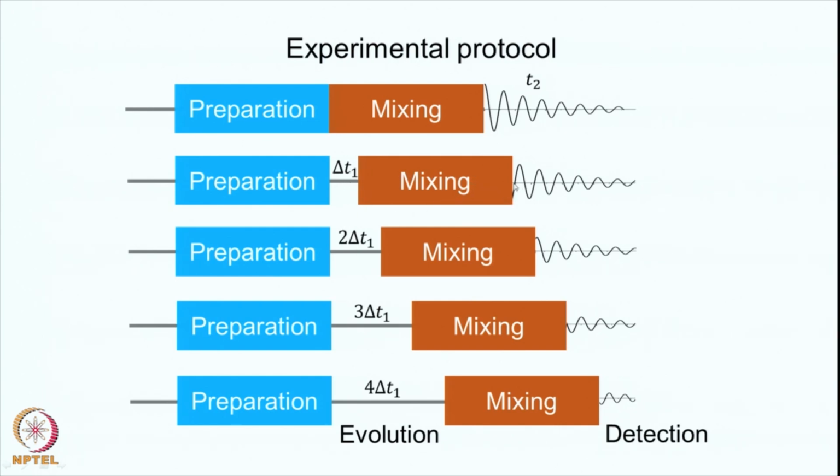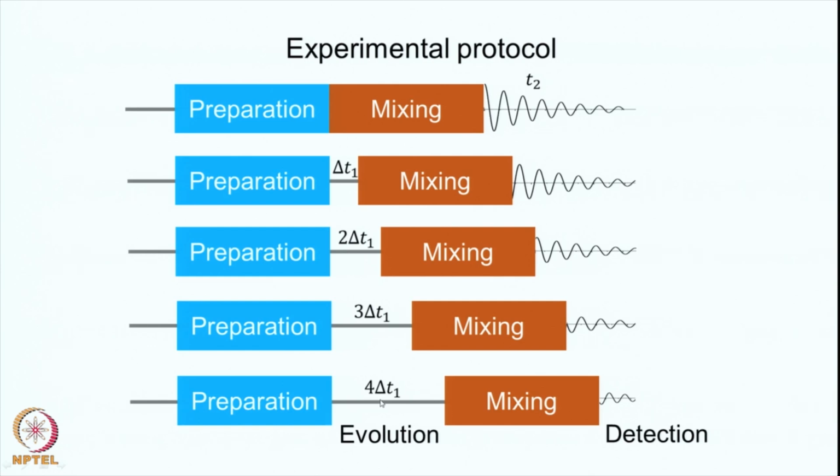As the time is incremented here, you are collecting data as a function of T2. Here you are generating the second time variable, where the first point is at 0, the second point at delta T1, the third at 2 delta T1, then 3 delta T1, 4 delta T1. These are systematically incremented, and you can collect as many FIDs as the increments you want.